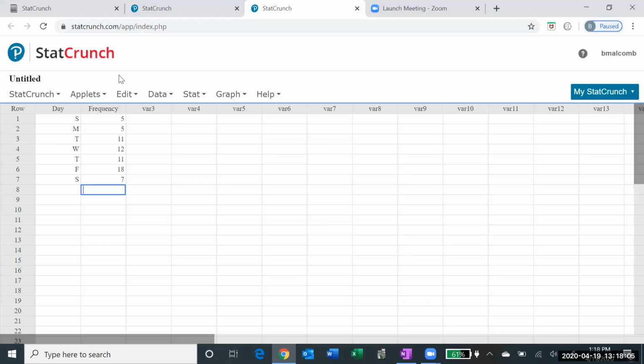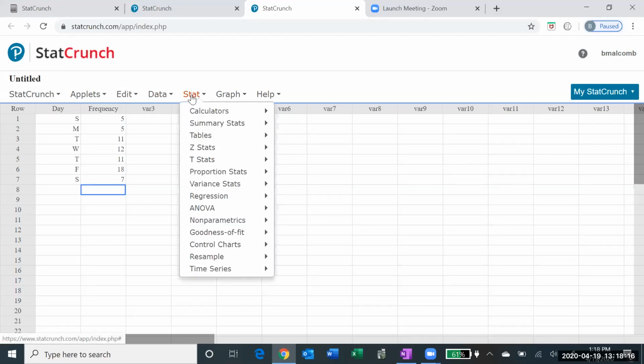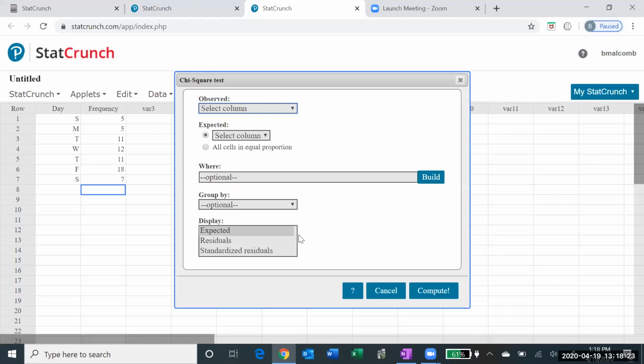If we had computers in the classroom, I would just be using StatCrunch. I wouldn't be teaching you the calculator in the first place because watch how easy this is. We go into Stat, just like we do on the calculator. We go down to where it says goodness of fit, and we do the goodness of fit chi-squared test. And it says, okay, where's your observed data? So I click here. I say, oh, it's the frequency.